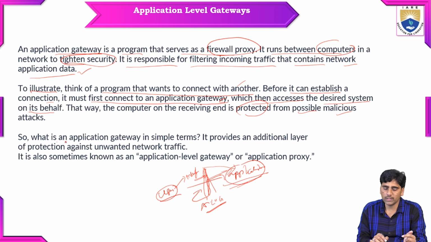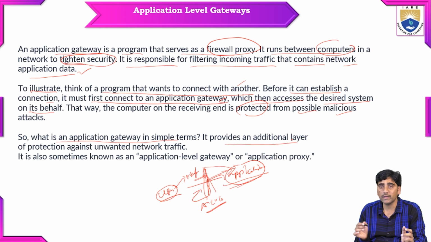So what is an application gateway in simple terms? We already said that application level gateways are like bridges, like firewall proxies, inspecting each and every incoming packet. In simple terms, it provides an additional layer of protection against unwanted network traffic.